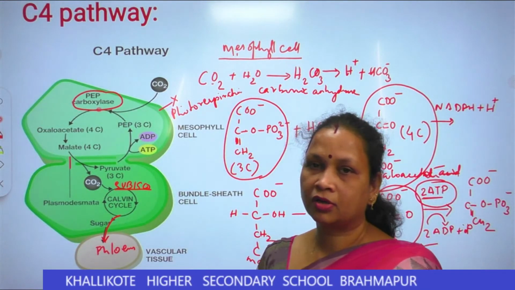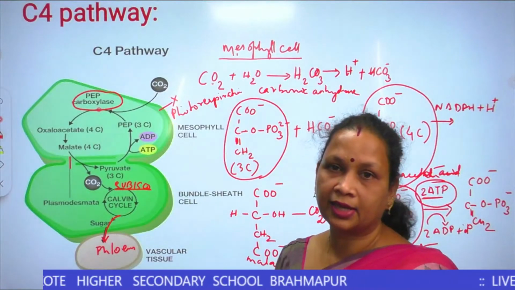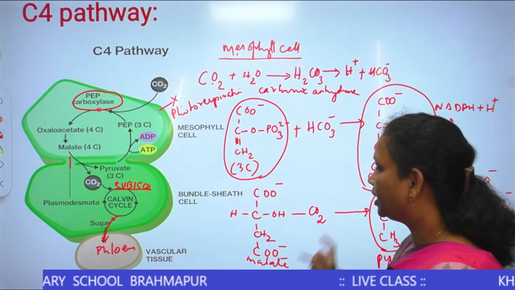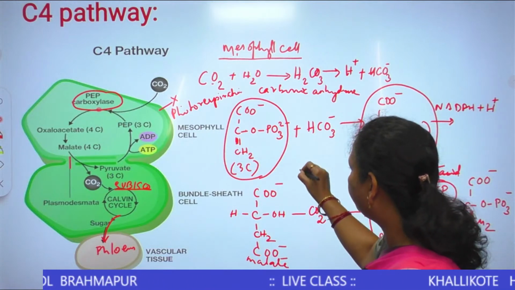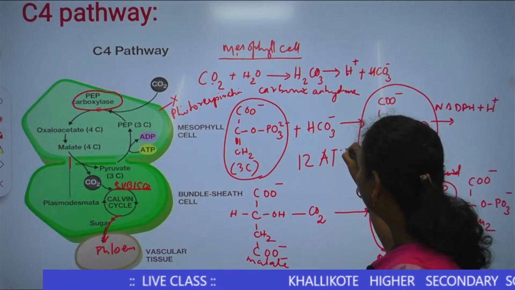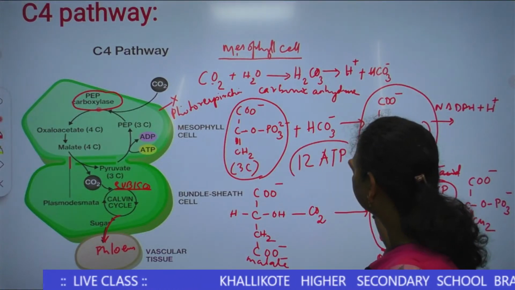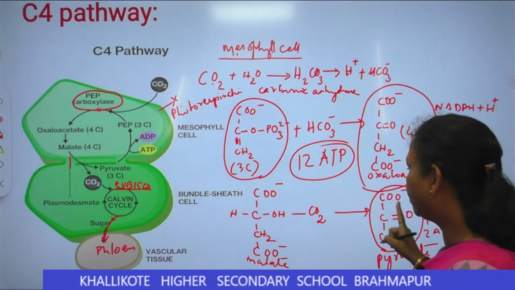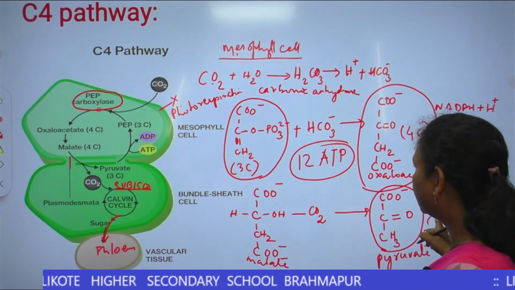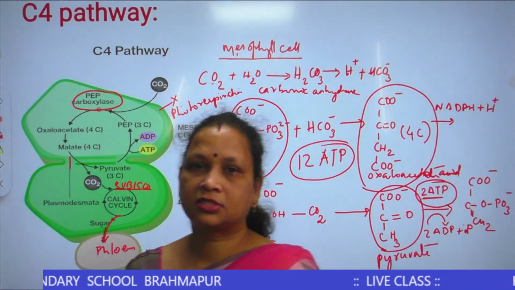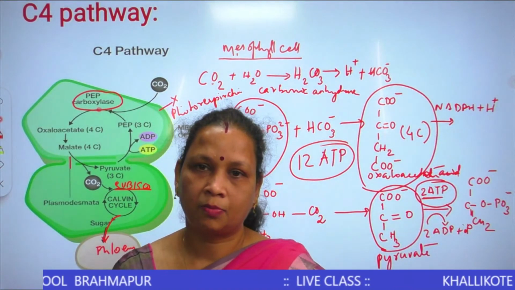So for 6 carbon dioxide that can be fixed to get 1 molecule of glucose, the extra number of ATP that is required in this cycle is 12. So this is for 1 carbon dioxide. If we take 6 carbon dioxide molecules, here the requirement of ATP will be an extra 12 ATP molecules.